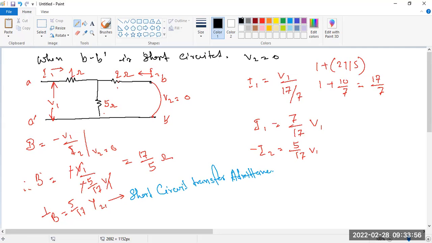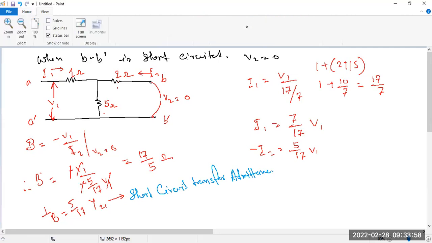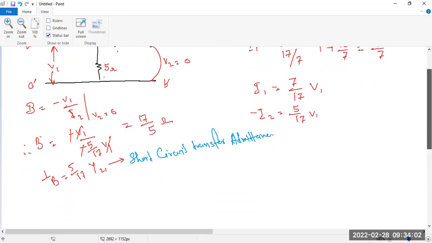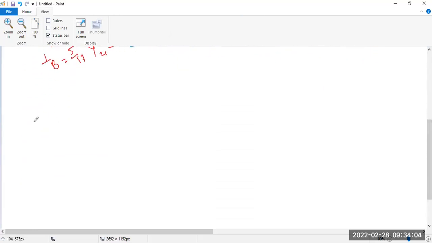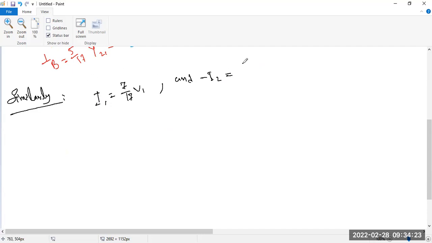Okay, so next item is our D. Similarly, I1 equal to 7 by 17 V1, which we get, and minus I2 is 5 by 17 V1.